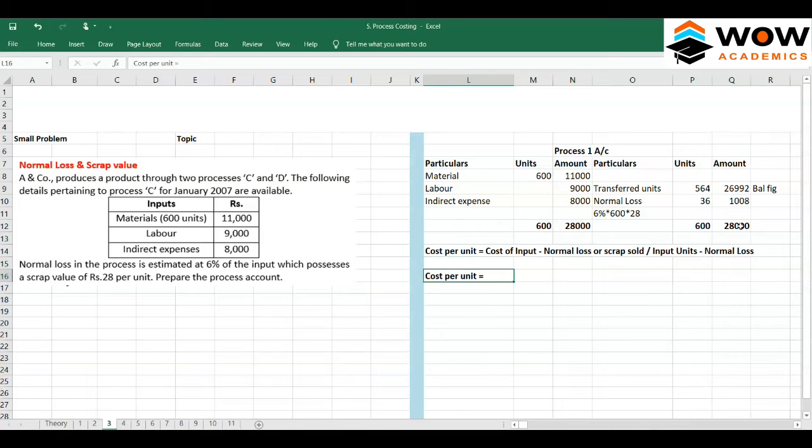So let's work out the cost per unit. The cost per unit would be like this. The cost of input is 28,000 minus the scrap value, divided by the normal units, which is 600 minus 36. So this is a formula. You have to work out in this particular format only.